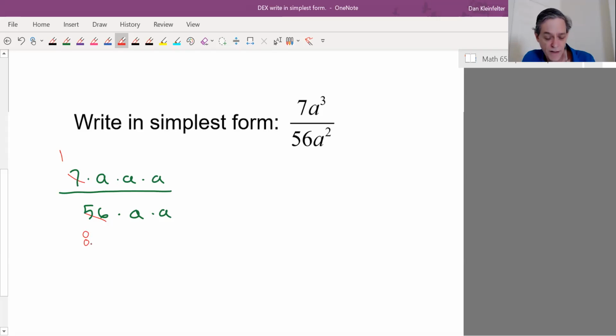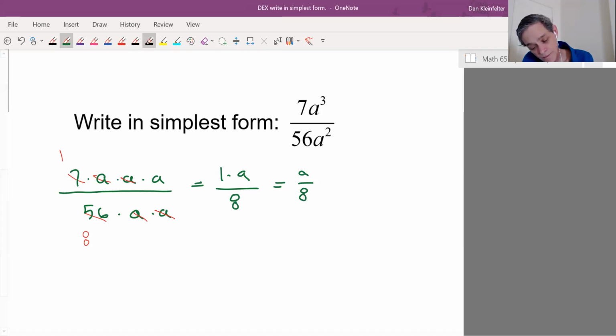So we'll end up with 1/8 for the constant part. And then we can divide out 2 factors of a from the numerator and denominator. So what's left up top, we have 1 times a. Down below, we just have an 8. So this will give us a over 8. That's the end of that example.